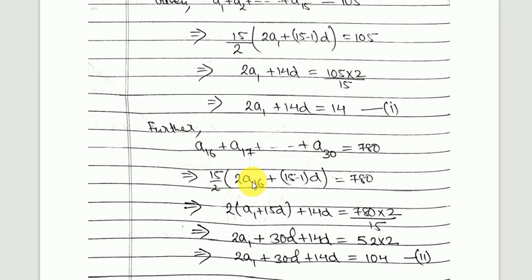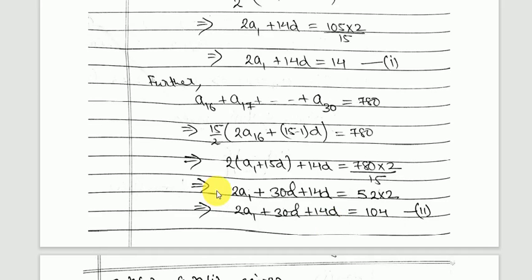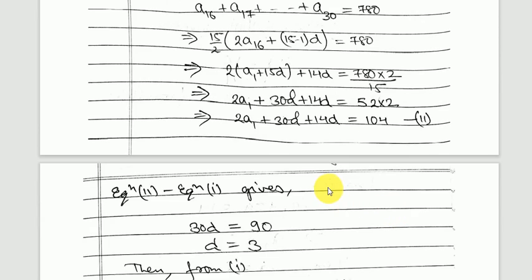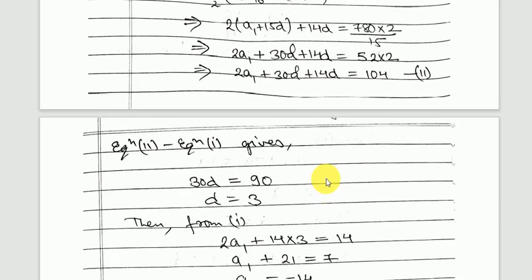That's why 2 into A16 plus (15 minus 1) into D is equal to 780. Simplify this, and at the end you will see this A16 can be written as A1 plus 15D, plus 14D. Now simplify this and you get 2A1 plus 30D plus 14D is equal to 104. I have left it like this only.